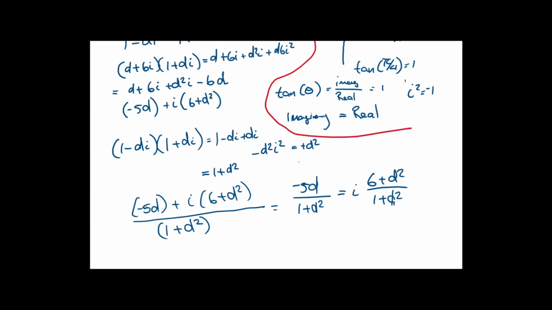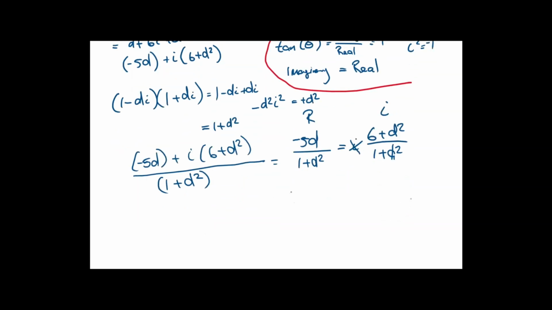And remember, this is the real part, the real coefficient, and this is the imaginary coefficient. So they must be equal, so we can set them equal to each other. I think I might have jumped a step here, it'll make sense. So minus 5d over 1 plus d squared equals 6 plus d squared over 1 plus d squared.